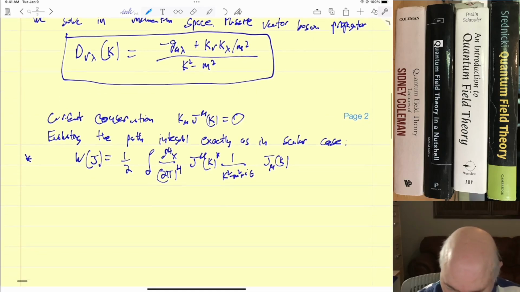Now, just looking at this, what happened is that these terms went away, basically.